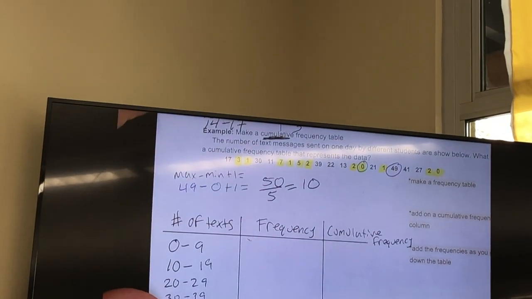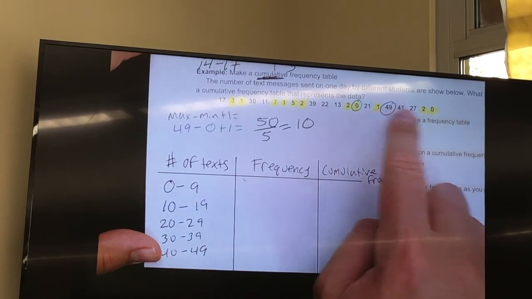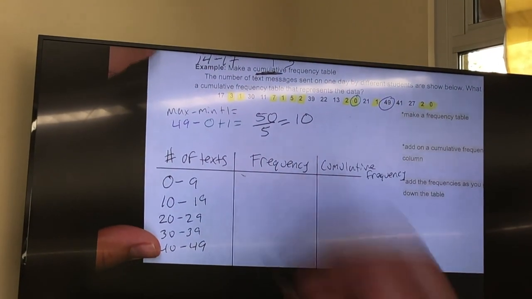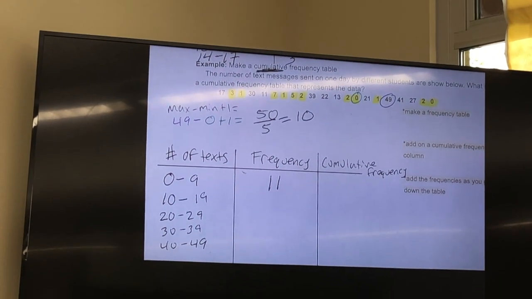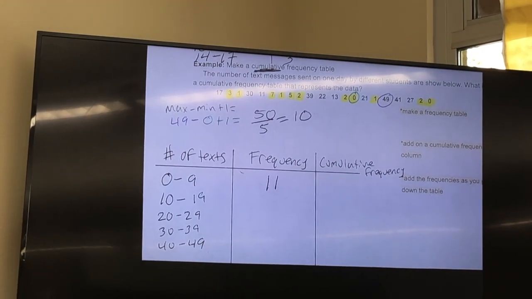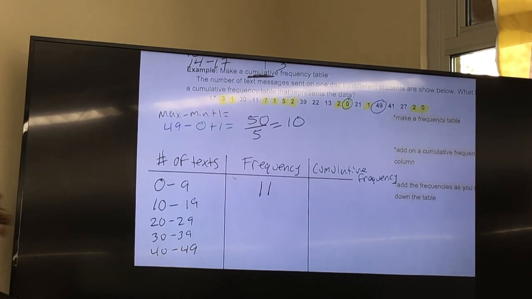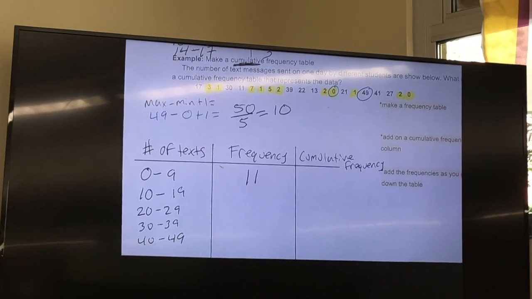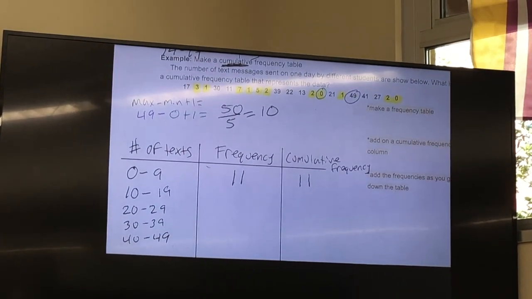There were 1, 2, 3, 4, 5, 6, 7, 8, 9, 10, 11 numbers. Remember, a cumulative frequency has everything that was included. So, Miss May, how many numbers did I have in that first category? 11. So that means my cumulative frequency right now is also 11.